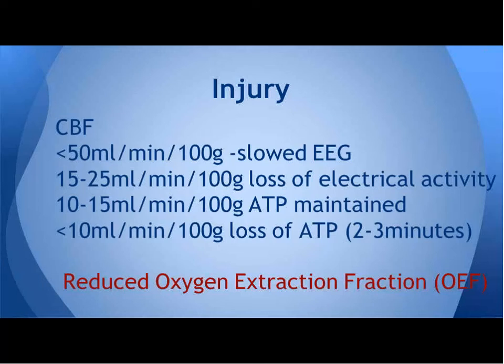You still have a bit of ATP made, and that's our major energy for the brain tissue, and it's maintained. But once you get below 10, ATP is gone, and that's 2 to 3 minutes. So that's why time is brain, and we need to get moving on these patients to protect the cerebral blood flow as quickly as possible and as aggressively as we can.